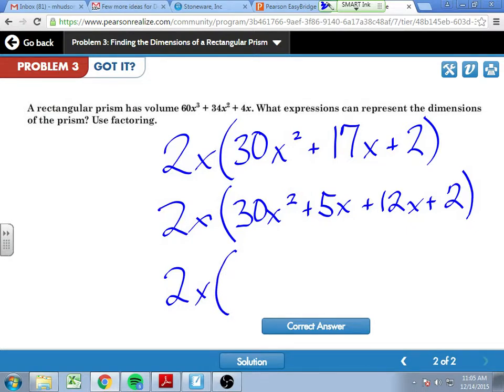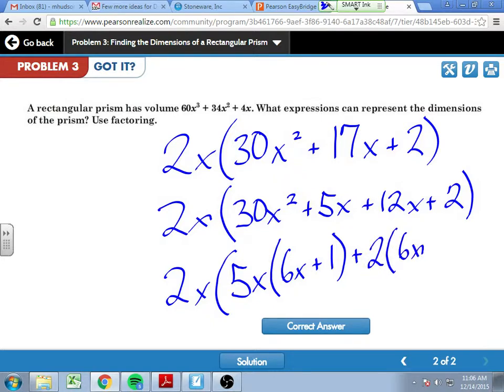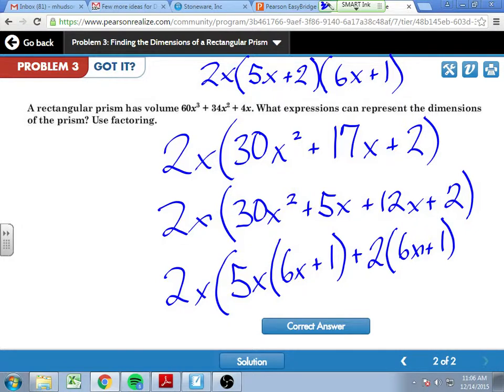My 30 and my 5 both share 5x, so this becomes 6x plus 1. Plus my 12x and my 2 both share 2, and this becomes 6x plus 1. So in the end, I'm just going to write it up here: 2x times 5x plus 2 and 6x plus 1.